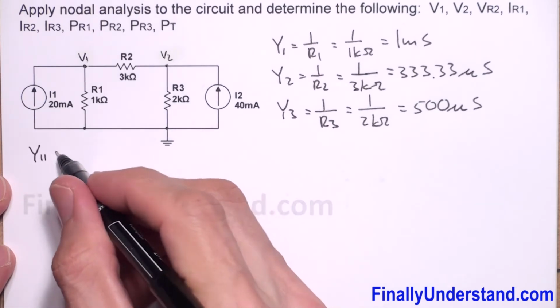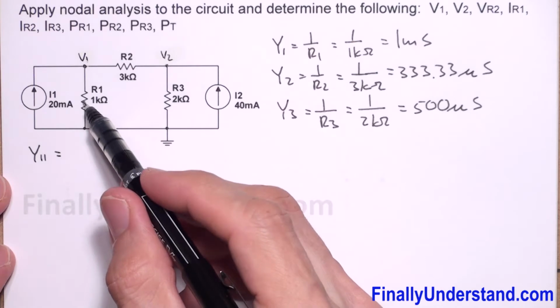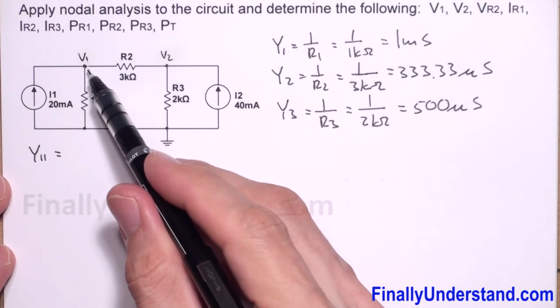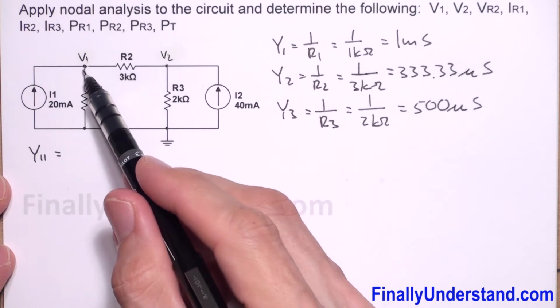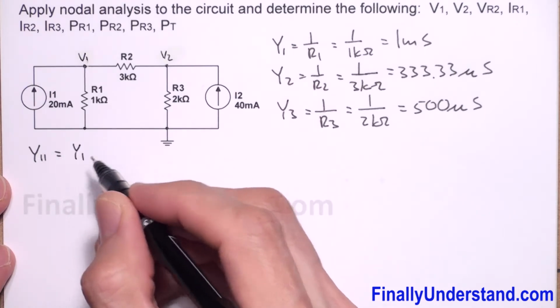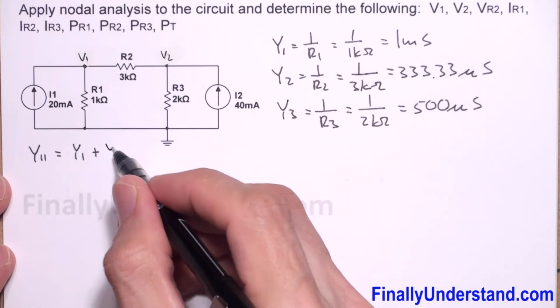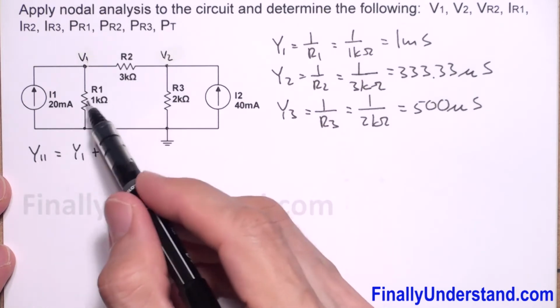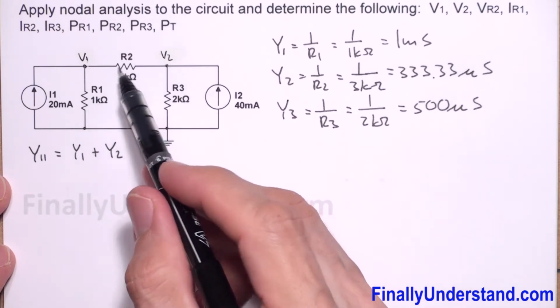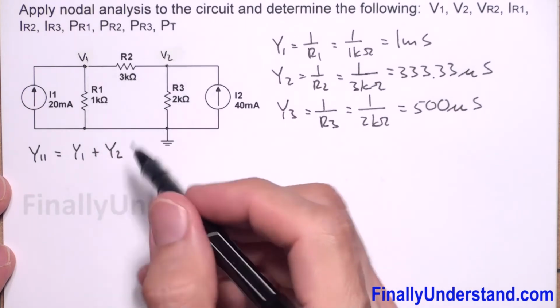Okay. So next we're supposed to find Y11, where Y11 is the sum of the admittances connected to node 1. So I have Y1 plus Y2, because my Y1 and Y2 are connected to node 1.